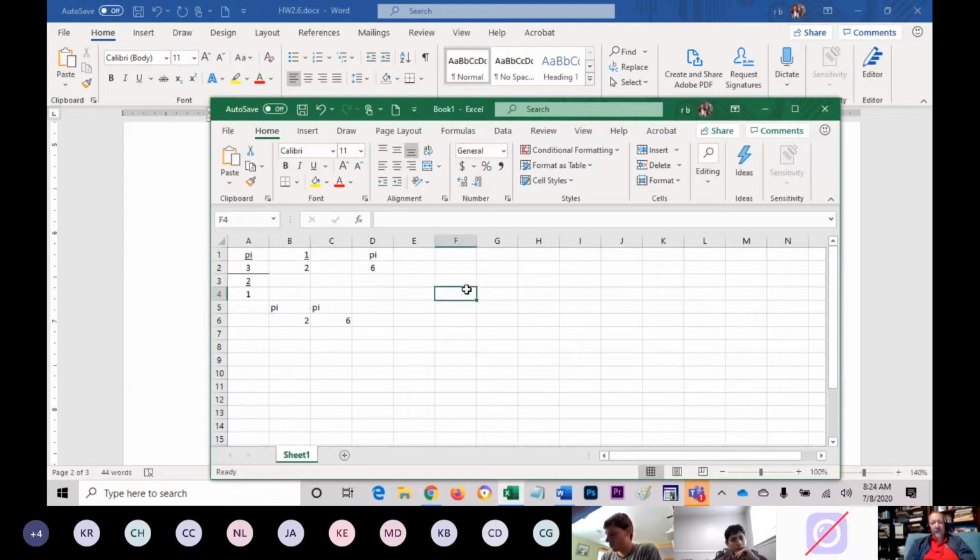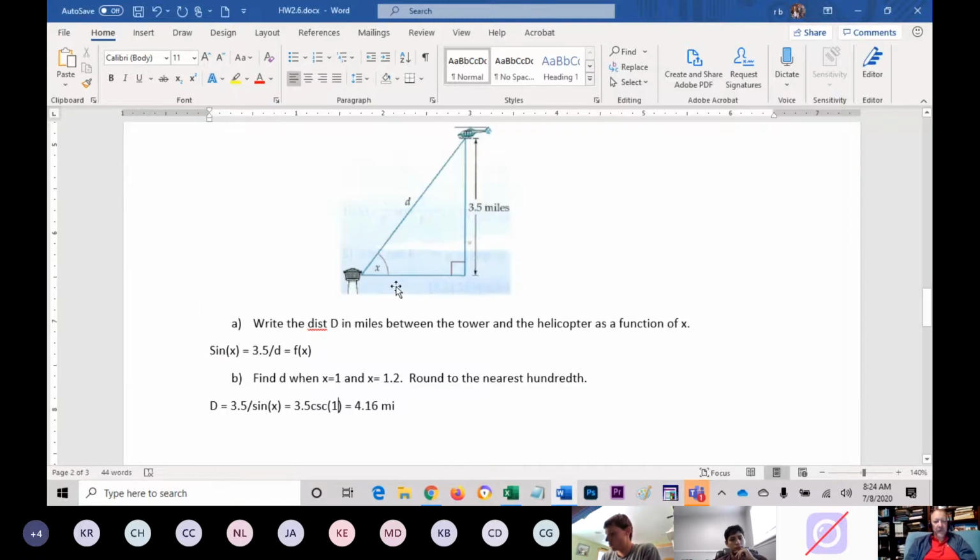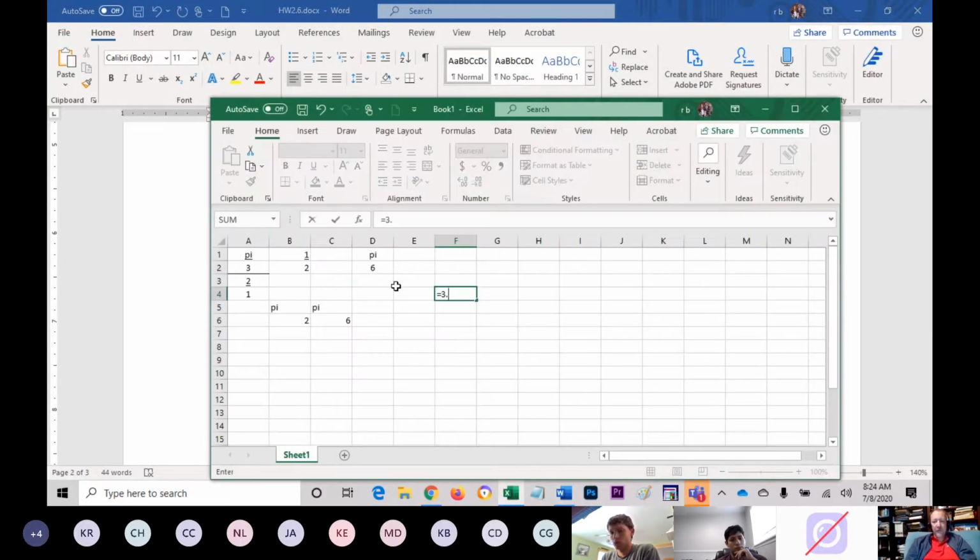Let's see, what was my formula again? It equals 3.5 divided by the sine of 1. Yeah, that comes in easy.